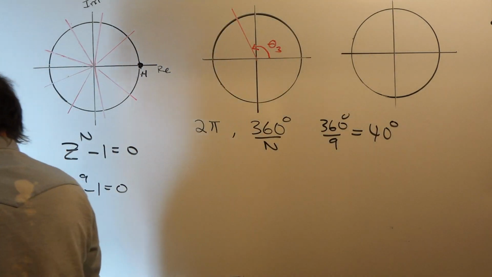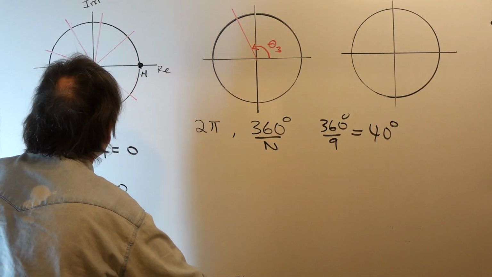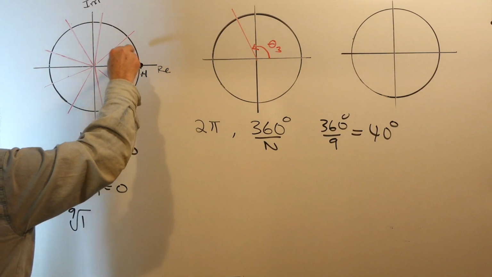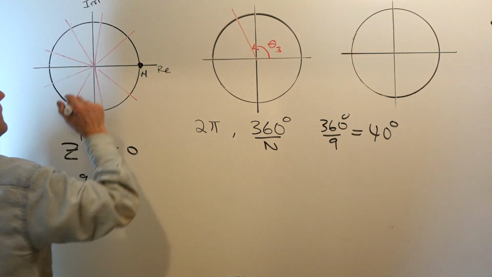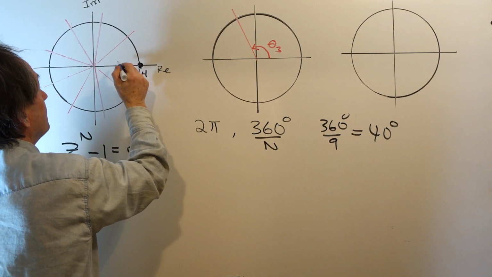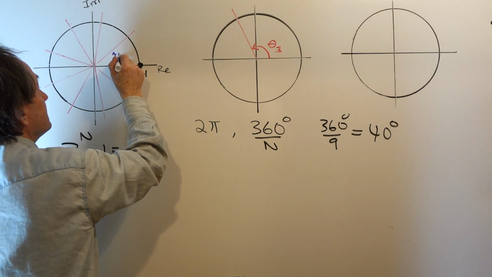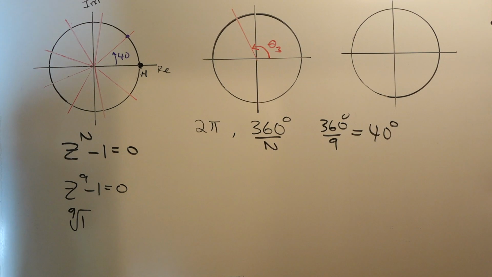This gives us the angular spacing between the roots along the perimeter of the unit circle. So, the first root is at +1. The next root, we'd move up 40 degrees, go on to the perimeter of the unit circle.